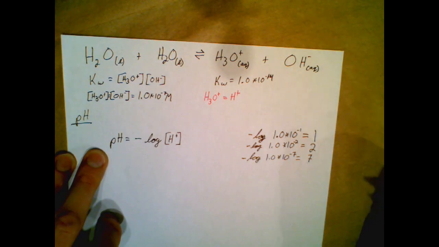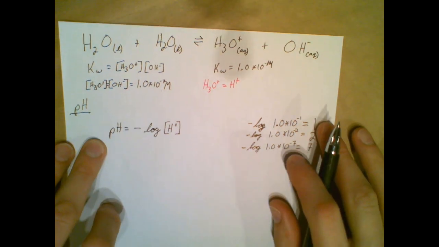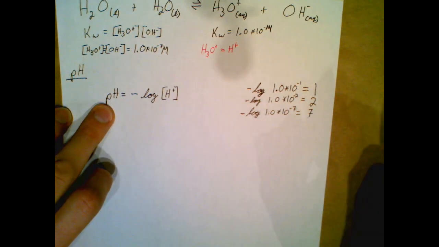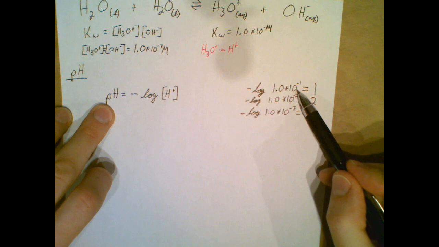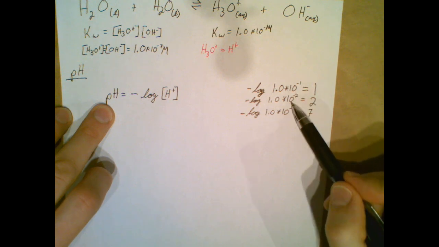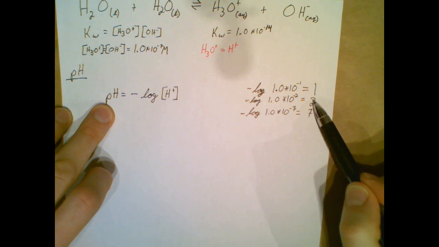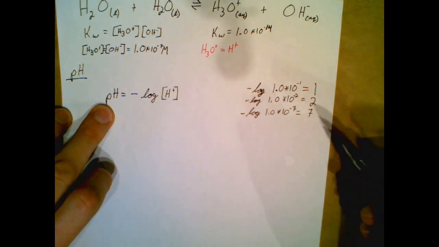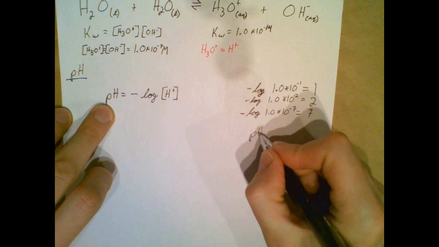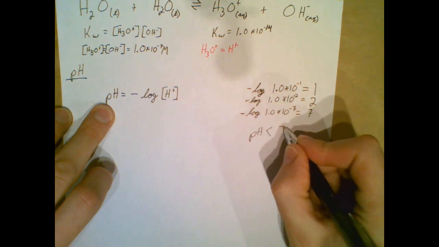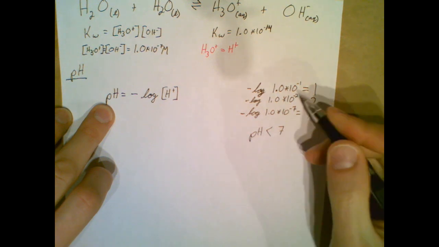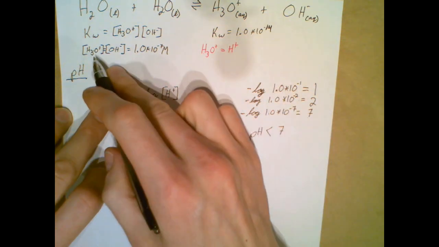So maybe we should now think about what this actually means. If you have a much higher concentration, you're going to get a lower number. And so what that means is the pH, if it is less than 7, meant that you have a high amount of H3O+.